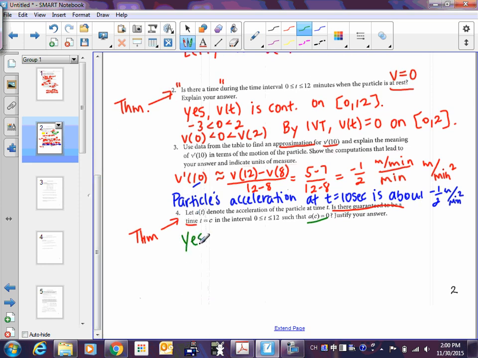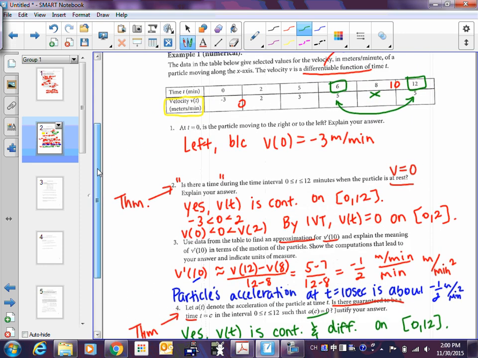Okay, so let's write out our answer here. Let's go ahead and say yes. Okay, and let's go ahead and write our conditions. And let's show that we know that average acceleration is 0.